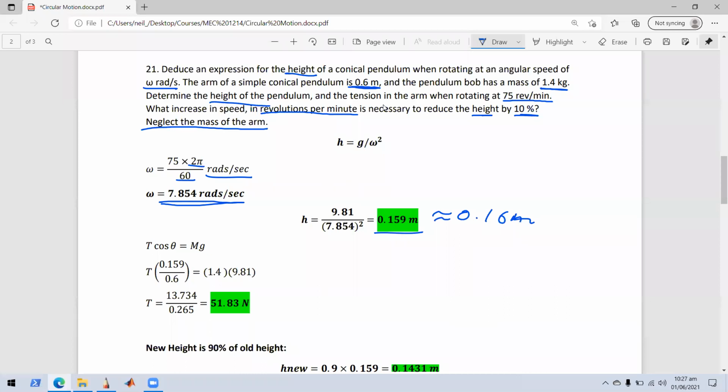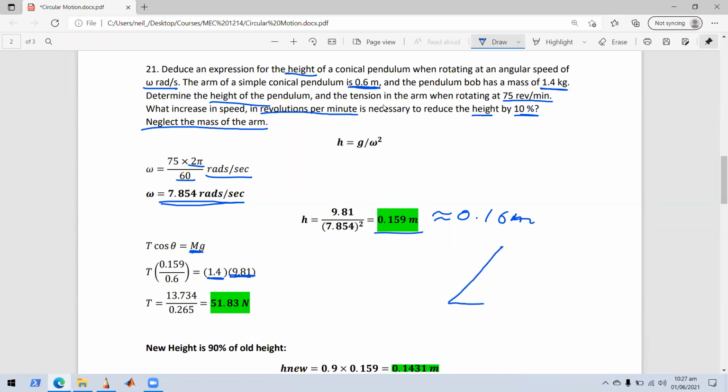Now for the tension, right? We can go about it pretty similar to how we did last time. We know T cosine theta is equal to mg, right? m is equal to 1.4 kilograms. g is equal to 9.81. Now cosine theta. Let's draw our pendulum again.